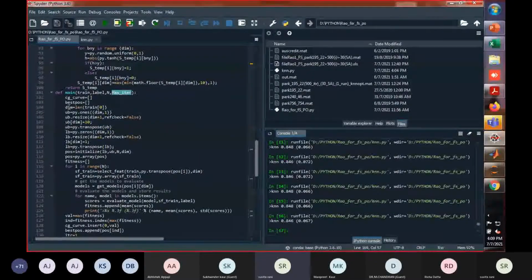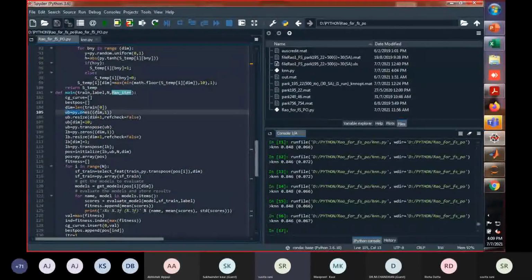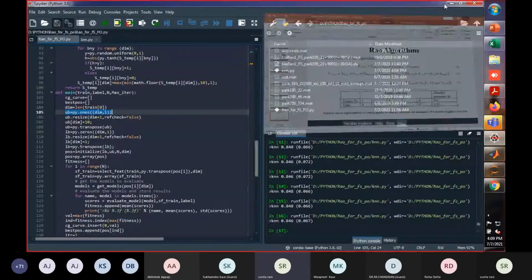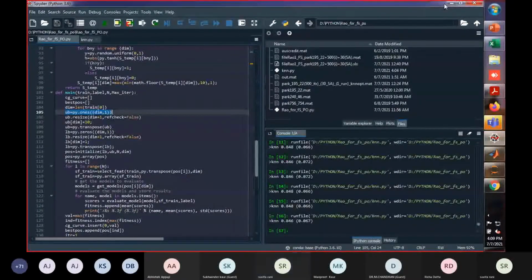So this is the dimension, and we set the upper bound as 1. 1 shows the feature is selected at that position. If position 2 has a 1 value and position 3 has a 1 value, then the feature at number 2 and the feature at number 3 are selected at some instance.